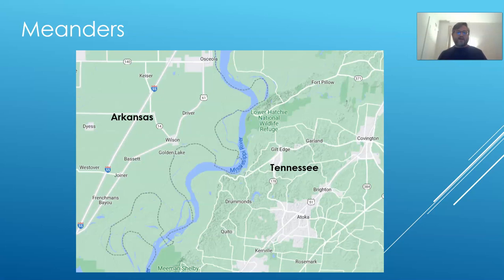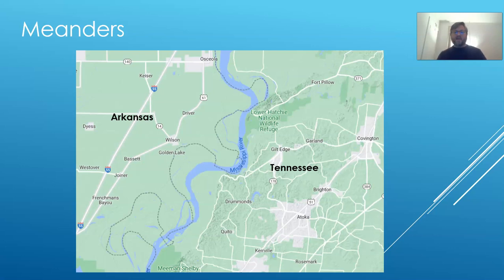So here you have a portion of the border between the states of Tennessee and Arkansas. When these states were first established, they established that the border would be along the Mississippi River. But over time, the course of the Mississippi has changed. And in this particular section, we see the Mississippi having cut off a number of old meanders.